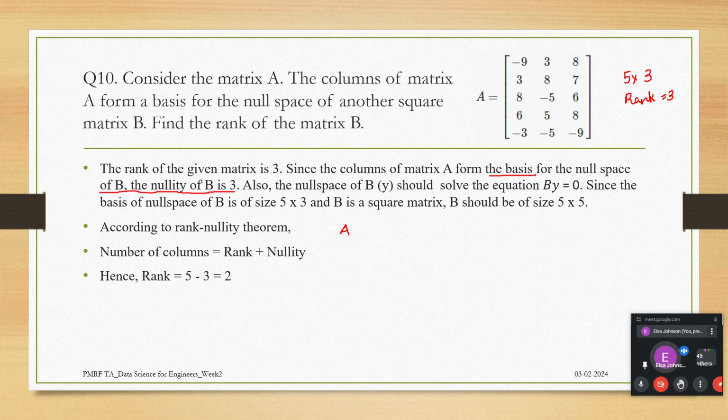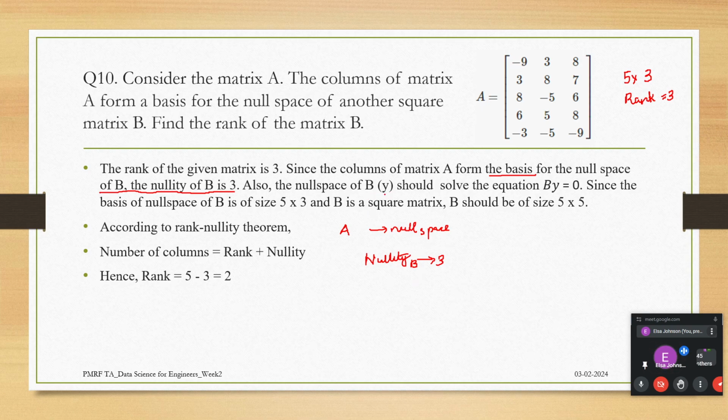It is given that the columns form the null space basis of B, which means the nullity of B will be 3. So we have got the nullity. Now we just have to find the rank of B.